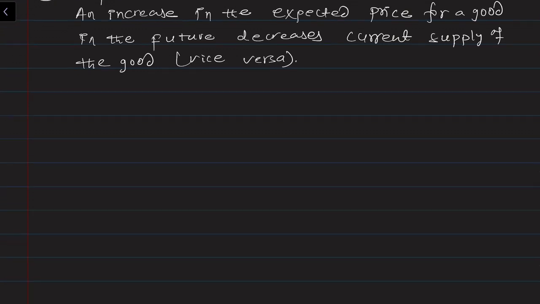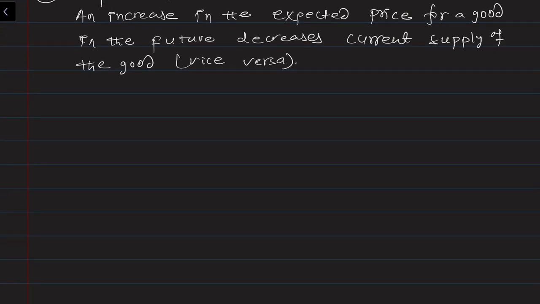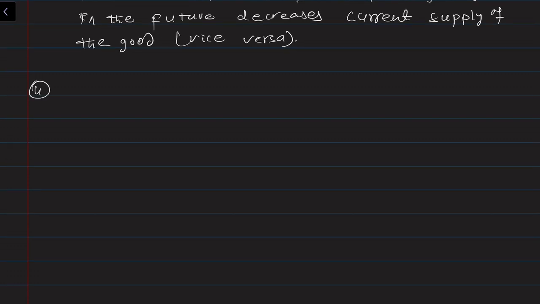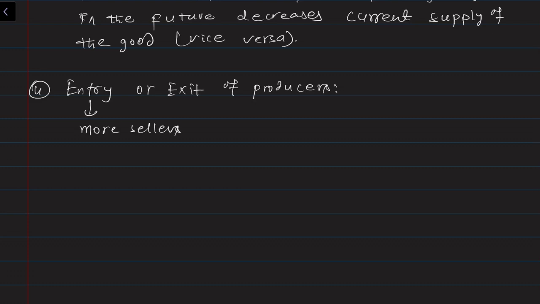Our last factor is entry or exit of producers. Entry implies more sellers in the market, and exit implies fewer sellers in the market.